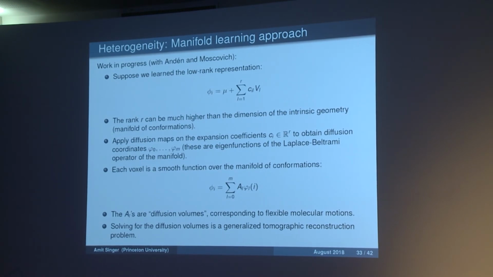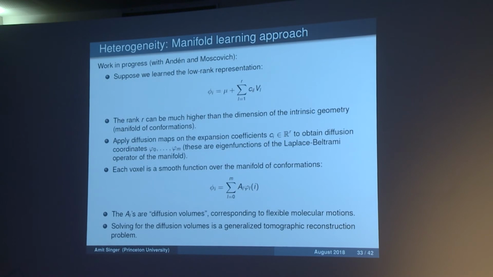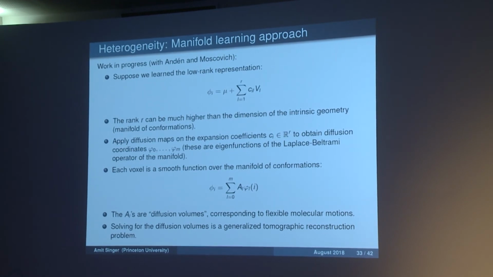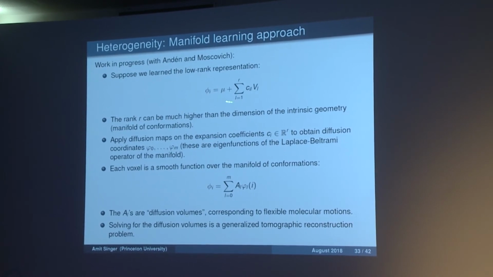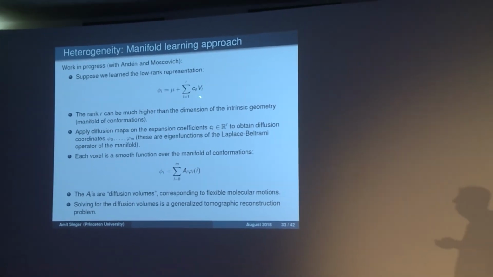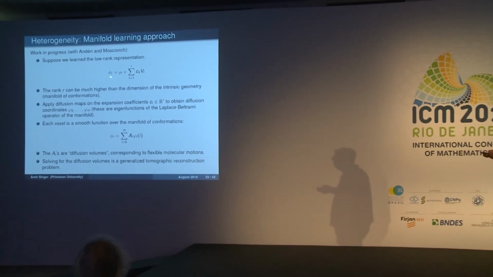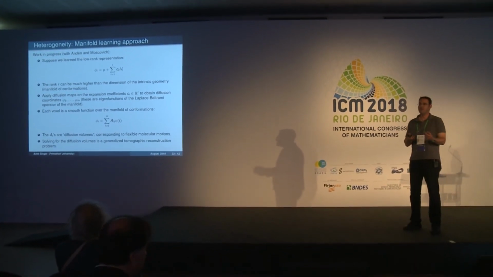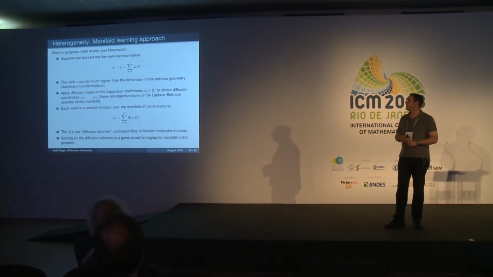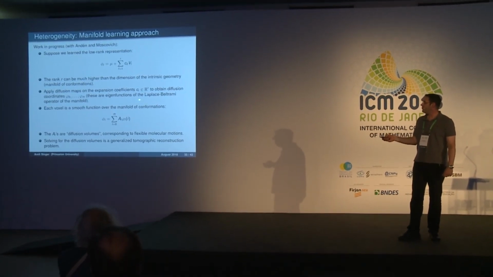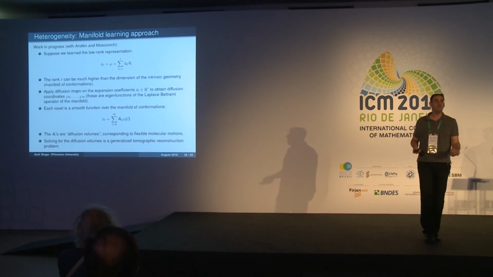We also have a manifold learning approach, when the 3D structures lie on a manifold rather than on a subspace. And then the idea is to use methods such as diffusion maps and eigenfunctions of the Laplacian in order to get an idea of what is the manifold of conformations. So what you do is that, again, starting from this kind of an expansion, now that you have those coefficients, say you did matrix completion and you have the coefficients associated with every volume, you can compare those and look at something like a Gaussian kernel and then build a graph, and you have the nearest neighbors, and you can compute the Laplace-Beltrami operator of this manifold and look at eigenfunctions.